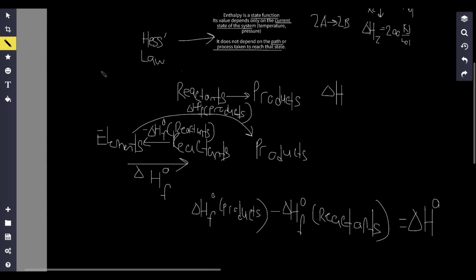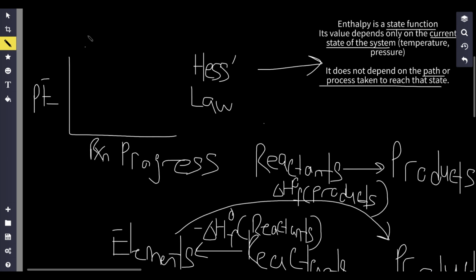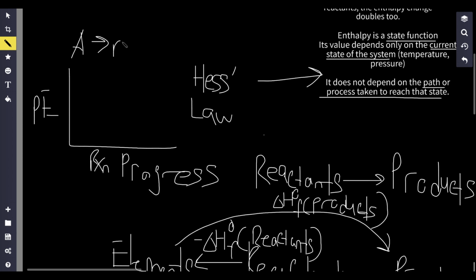Another way to think about it is to think about using a catalyst in a reaction. If you were to look at a potential energy diagram, let's just say A turns into B, and the reaction looks something like this. It has to overcome a barrier of activation energy in order to turn into products.